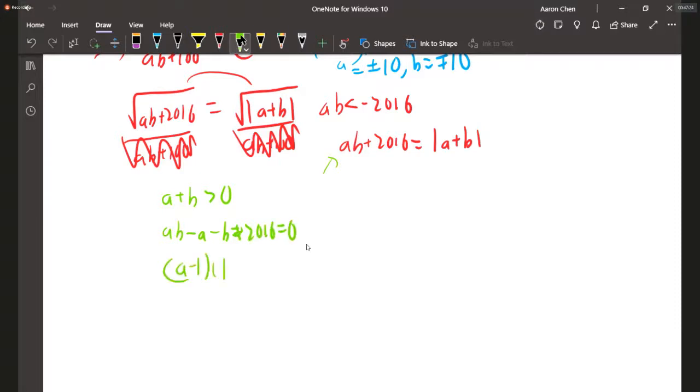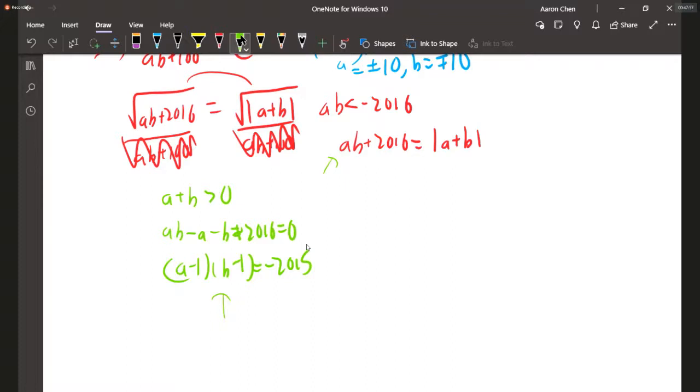And you can use Simon's favorite factoring trick, and you can factor this into a minus 1 times b minus 1 equals negative 2015. And so you can see that this has 0 solutions, because at least one term is always greater than the other.